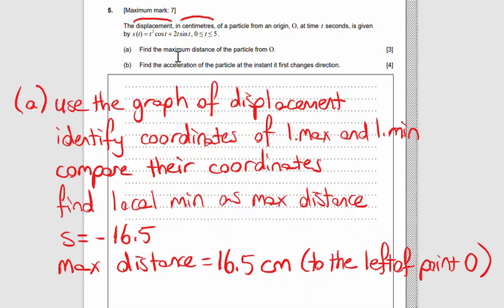But we are trying to get the acceleration, so I need one more derivative, which means the second derivative will represent our acceleration. And the question says at the instant it first changes direction. Okay, let's check the graph.